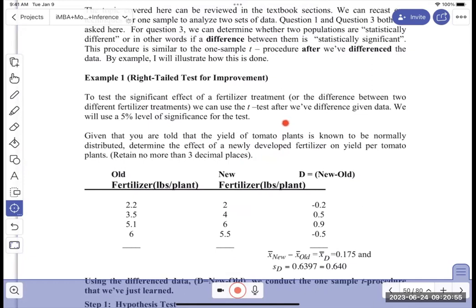We can use a t-test after we've differenced the given data. We will use a 5% level of significance for the test. We're going to look for an improvement. So we want to see if the fertilizer on one plot improves the yield of tomato plants more, compared to using the old fertilizer.